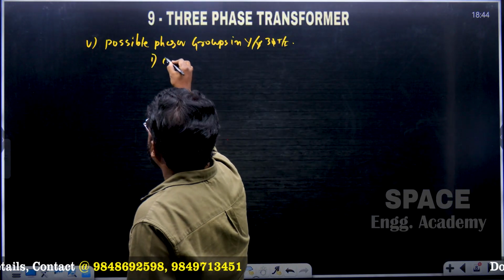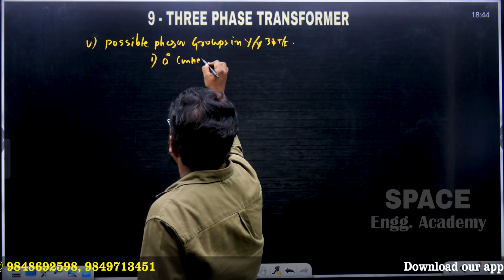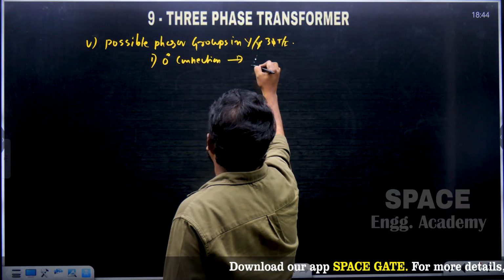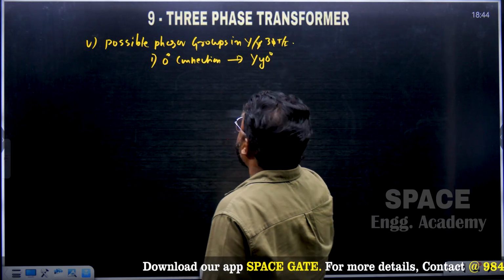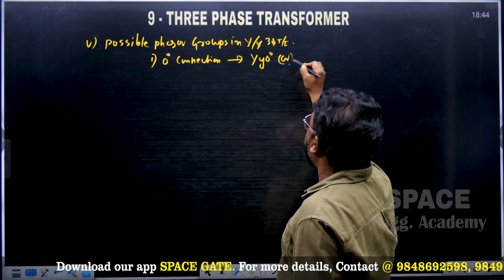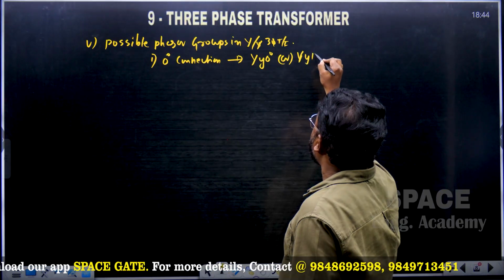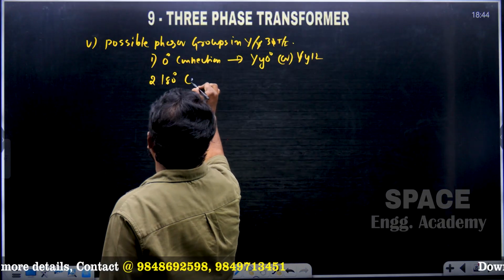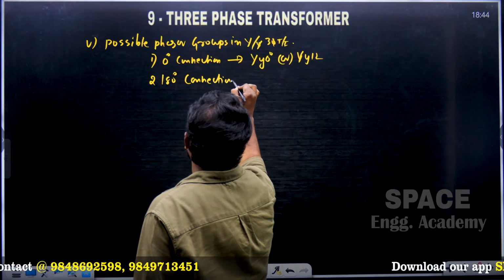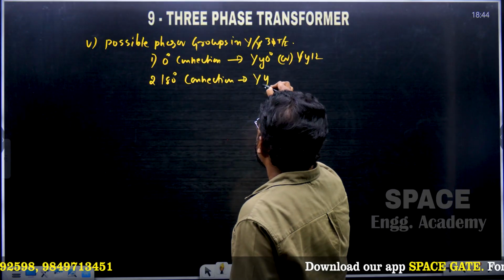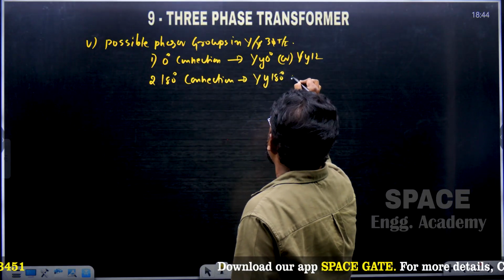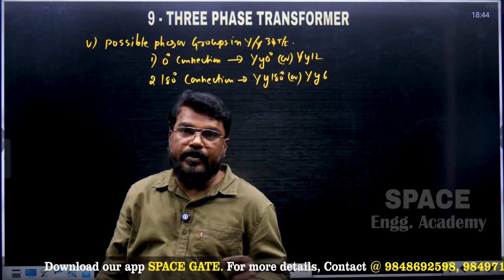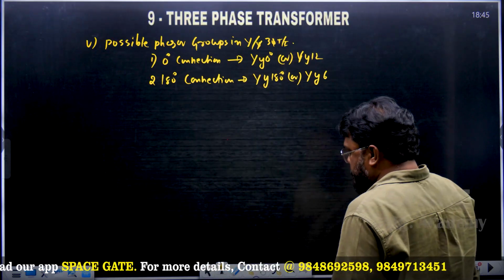One is same 0 degree connection ఉంటుంది, 0 degree connection. అండ్ 0 degree connection అంటే సో ఇలా దాని రిప్రజెంటేషన్ ఎలా ఉంటుంది, YY 0 degrees అంటాం, లేదా YY 12 o'clock అని కూడా అనొచ్చు. అండ్ సెకండ్ కనెక్షన్ 180 degree కనెక్షన్ అని. సో 180 degree కనెక్షన్ను సో ఇలా YY 180 degrees అని, లేదా YY 6 o'clock అని రిప్రజెంట్ చేస్తాం. పాసిబుల్ ఫేజార్ గ్రూప్స్ in star three phase transformer.